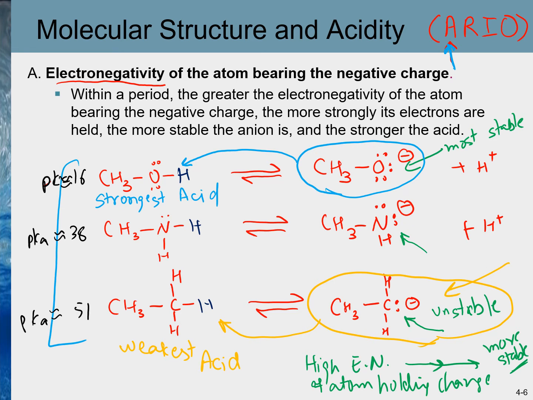So the pKa values now clearly show that alcohol is the strongest acid, and we already predicted it to be the strongest. So that's how we can make our prediction even if pKa values are not available to us.